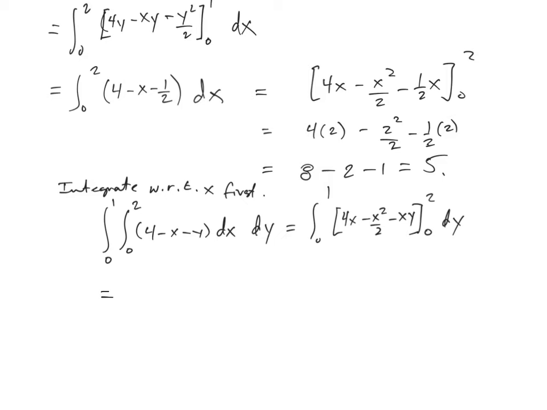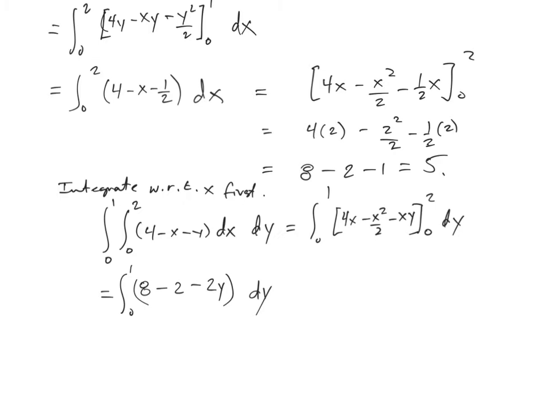So I'm going to get 8 minus 2 squared over 2 minus 2y. Did I do that right? X is switched with 2, so 8 minus 2 minus 2y.